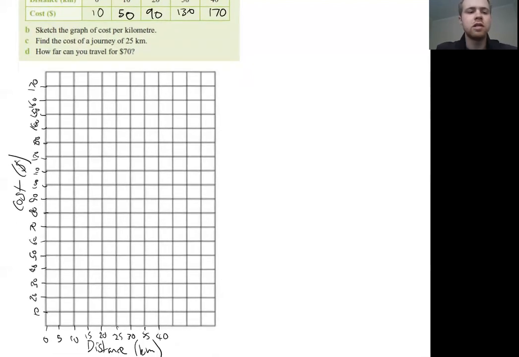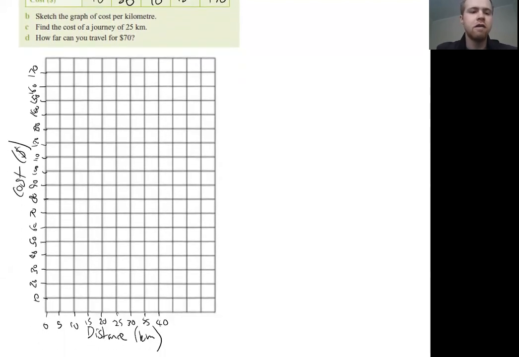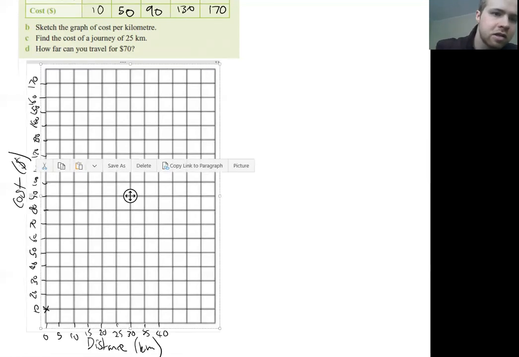So we're going to sketch these points into our graph. The first one at 0 kilometers, we're at 10. So we're not going through 0, 0 today. We're just going through 0, 10 instead. Next one at 10 kilometers, it's going to be 50.